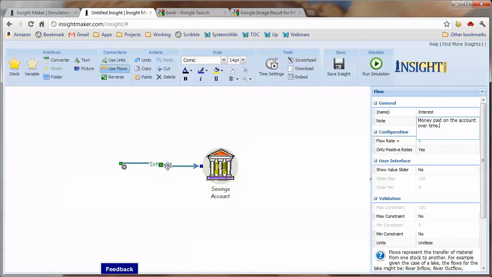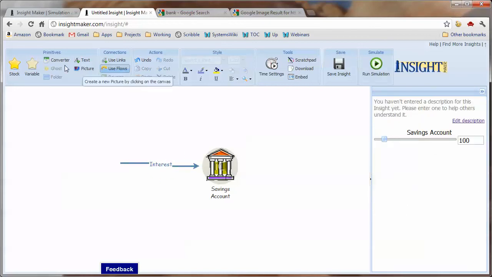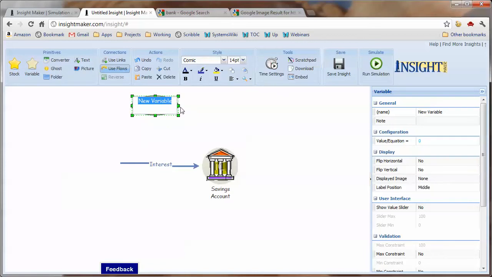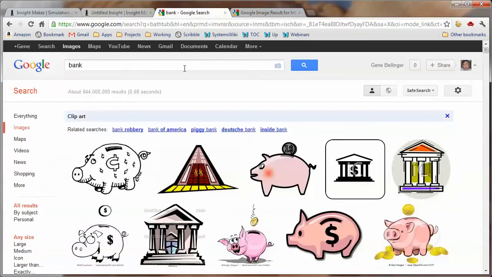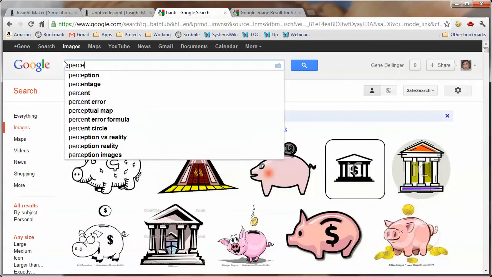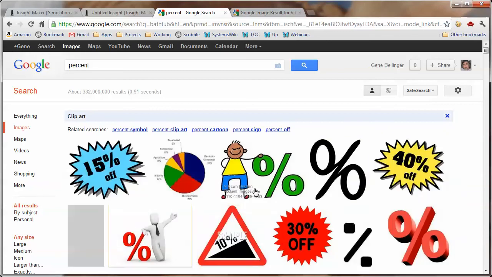the interest is dependent upon something called interest rate, and we'll go look for a symbol for percent.